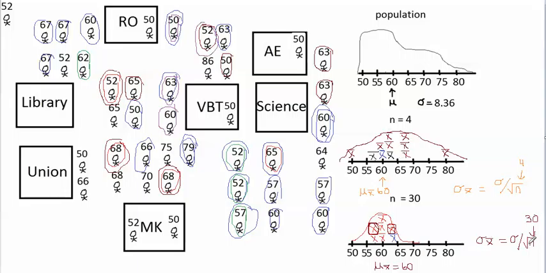This would give us the standard deviation of this distribution. And since this has more spread, the standard error will be bigger. Since this has less spread and it's more accurate, and the possible samples are more accurate, this standard error will be smaller. So this will be a bigger standard error. This is a lower standard error.